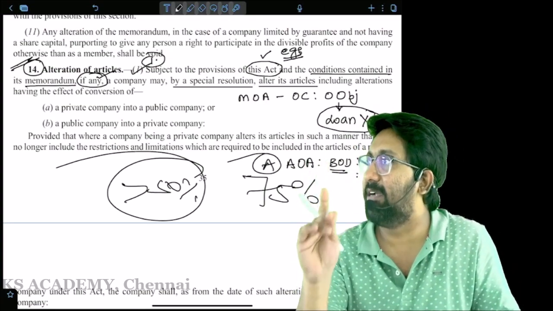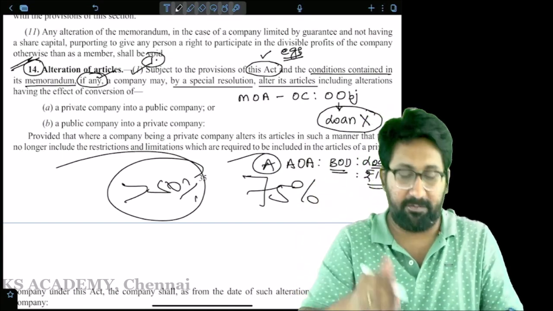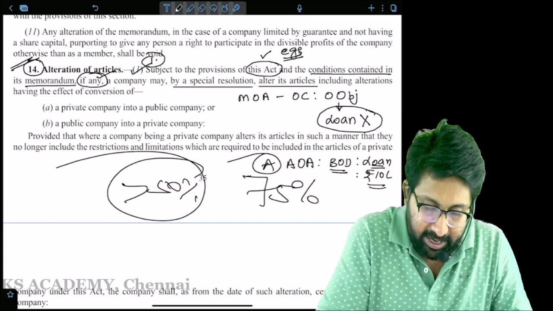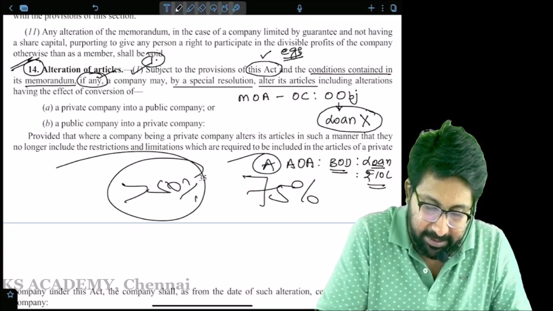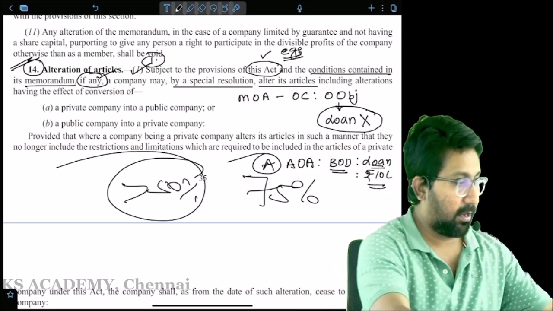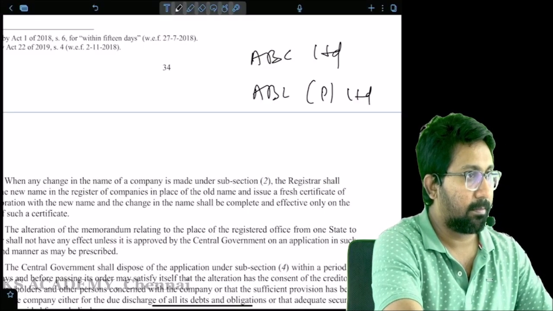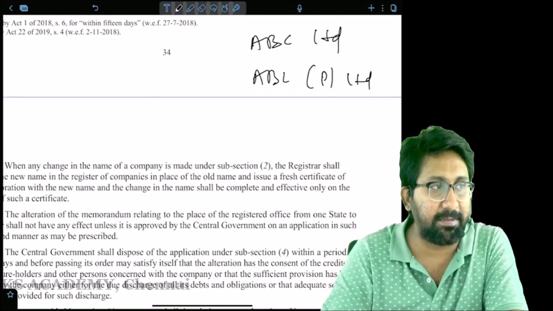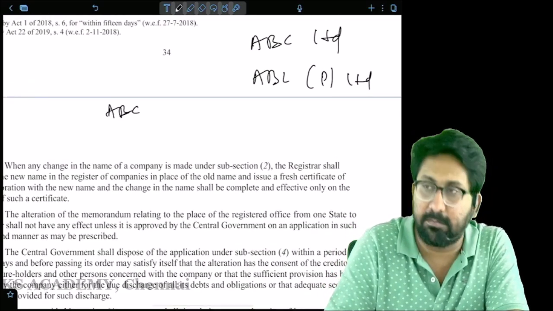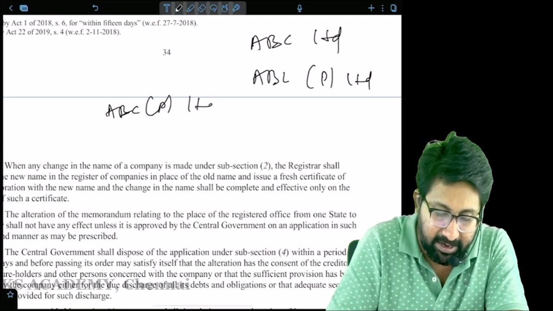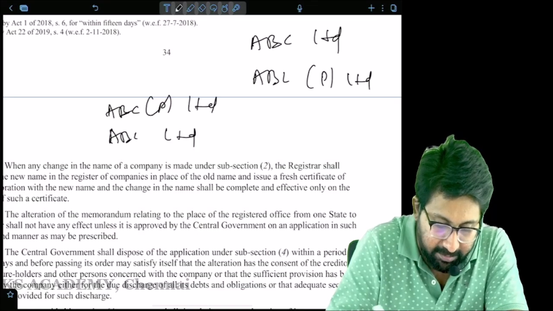Whenever you want to alter, for example, you should tell me the point now. ABC Limited, I want to change to ABC Private Limited. Answer now. Listen please, ABC Private Limited, I want to change to ABC Limited.